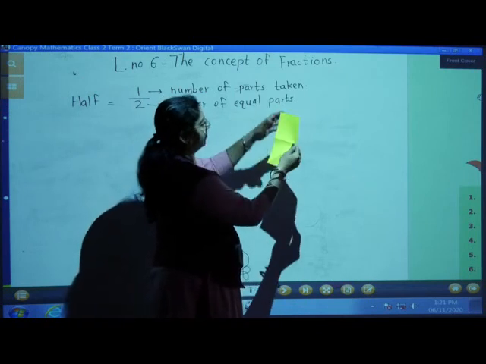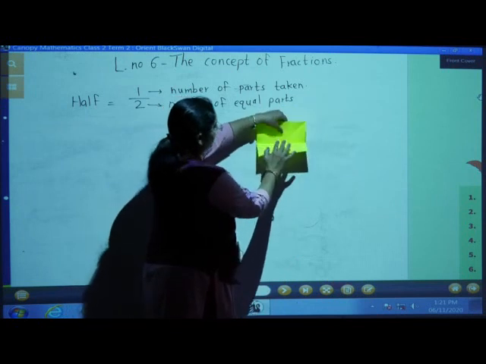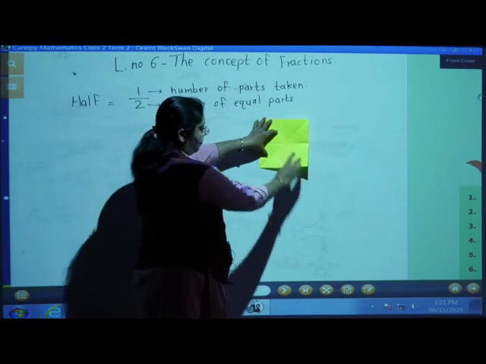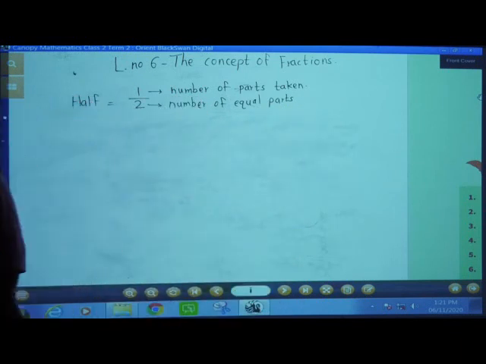See, each part is called half, means we got two halves. Do you understand?